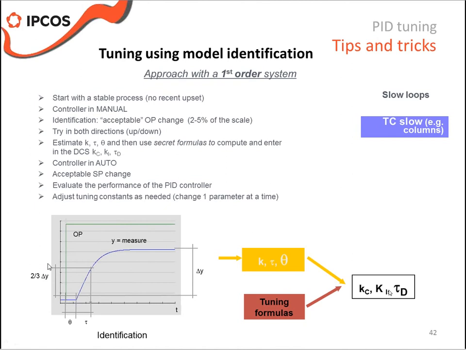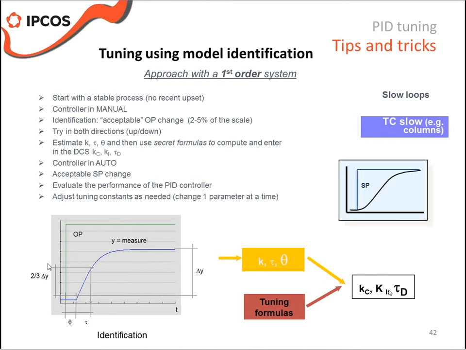These tuning parameters are calculated either by rules of thumb, people have their own spreadsheets, etc. Once you've calculated the tuning, you can either enter the values directly, or you can put the controller in manual, enter the values in the DCS, and then put it in automatic, make some set point changes, and evaluate the performance.